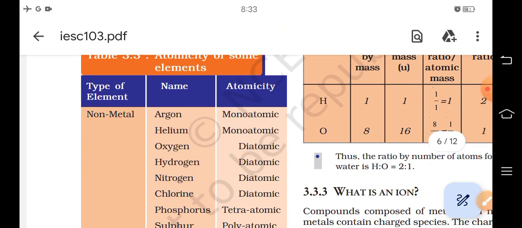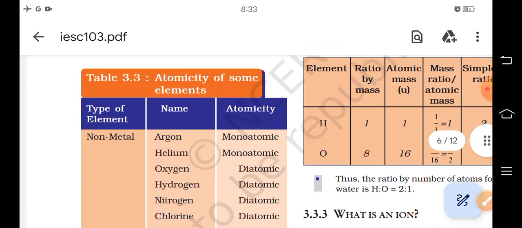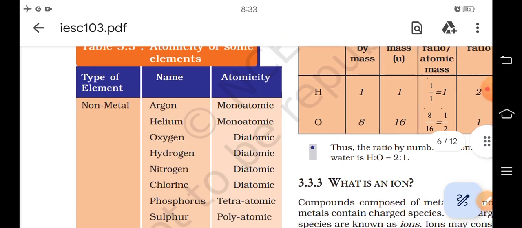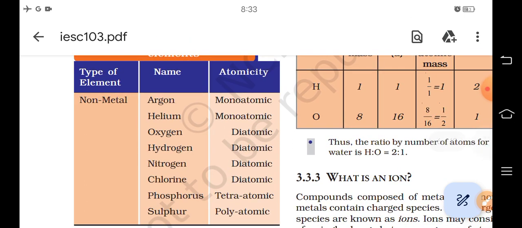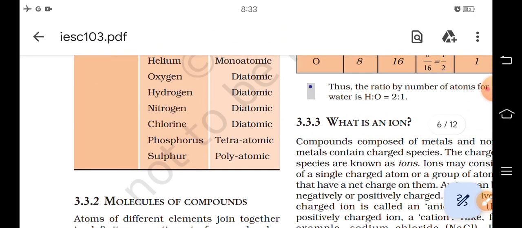Table 3.3: Atomicity of some elements. Type of element: non-metal. Name, atomicity: argon monoatomic, helium monoatomic, oxygen diatomic, hydrogen diatomic, nitrogen diatomic, chlorine diatomic, phosphorus tetraatomic, sulfur polyatomic.